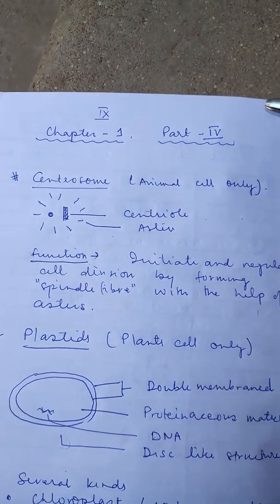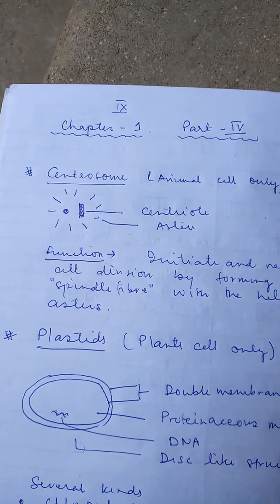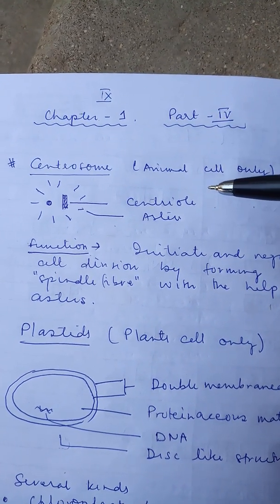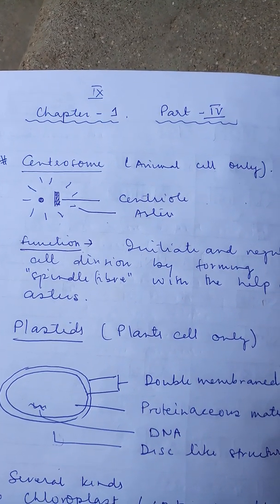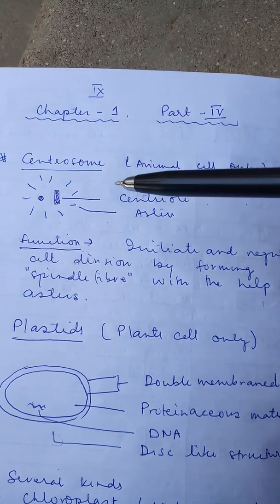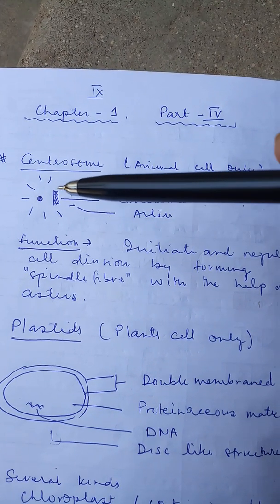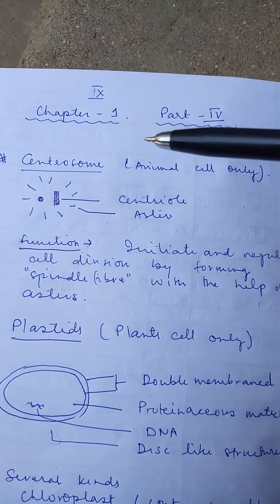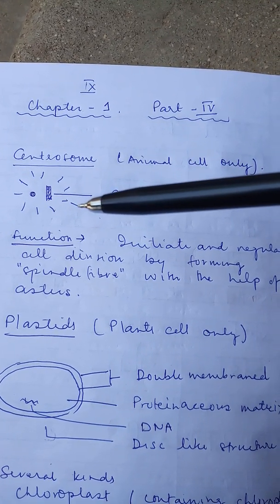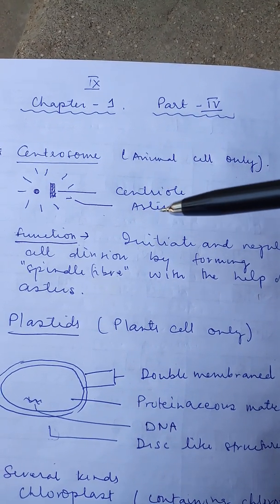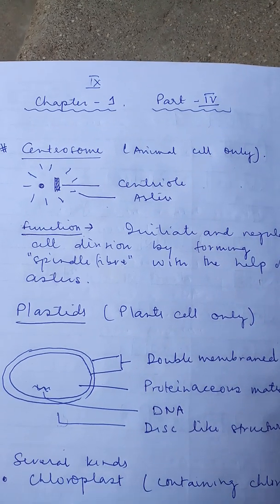Now see, the first organelle is the centrosome. The centrosome is always found only in the animal cell. It is a structure that surrounds two centrioles and is surrounded by radiating rays known as asters.